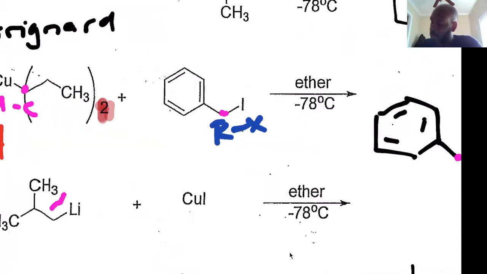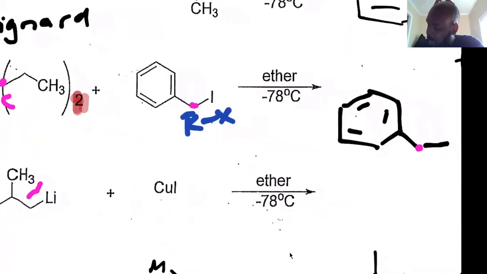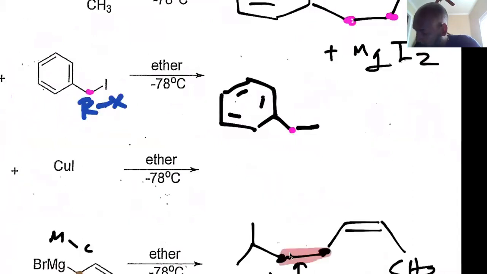All right. So over here, those same 3 carbons are gonna be right here. So I'm gonna put that pink dot back so we can see that. That's 1 carbon. And then here's my second carbon. And then here's my third carbon. So it's still a 3 carbon chain attached.